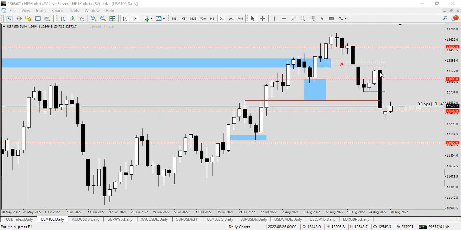So don't look at buying retracements, because once they get below 13,000, the liquidity that's resting right here below these daily lows, this old high, and that institutional level are all going to draw price lower. So if they're drawing price lower, as I said to some of the guys, the wind is in that direction.